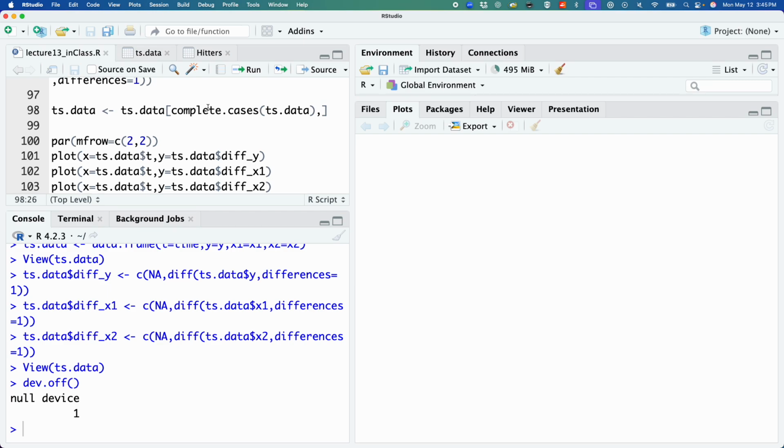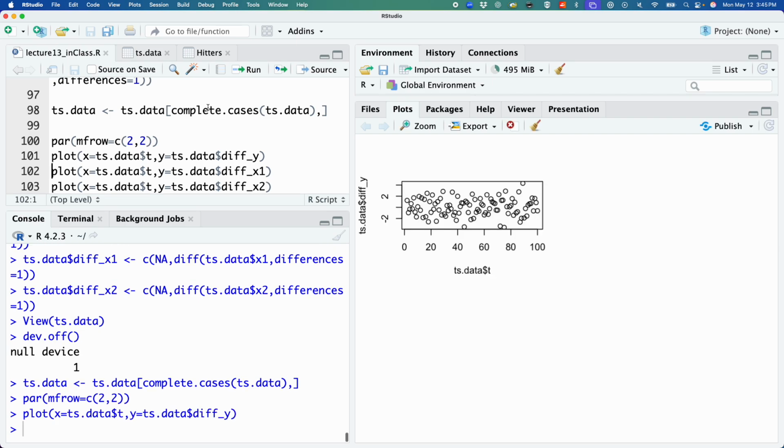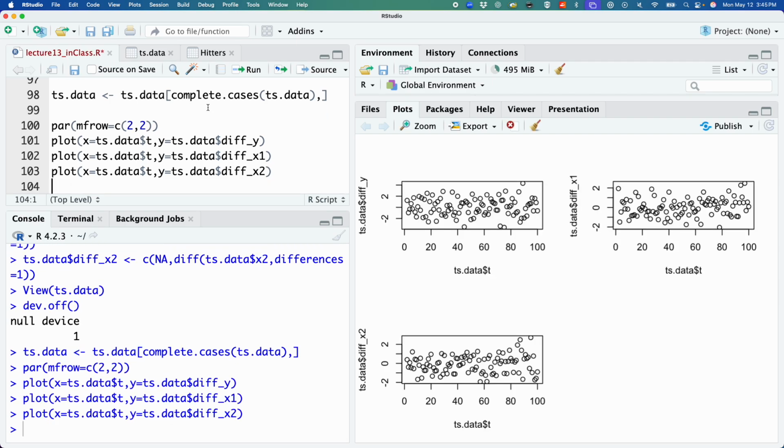I'm going to get rid of the NA row, so now it's just going to be 99. Okay. And so now I have forced the data to be stationary, and now I'm able to apply my regression models.